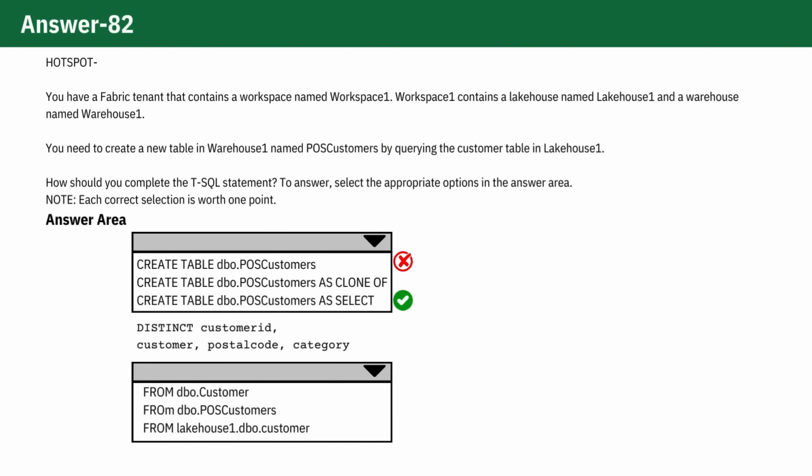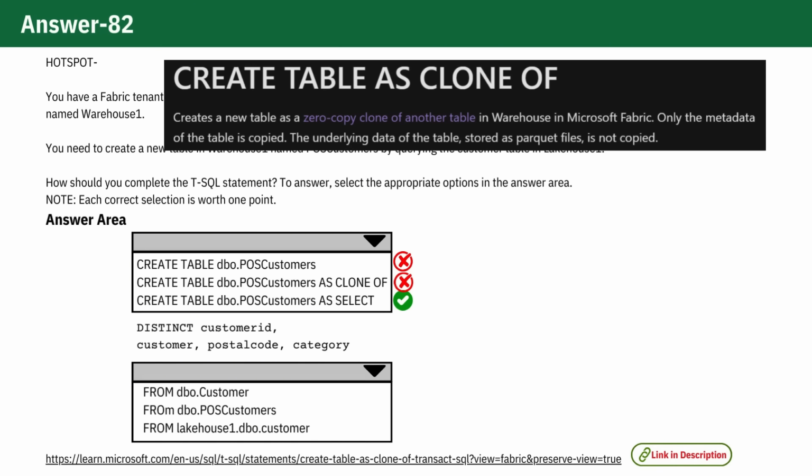Option: CREATE TABLE dbo.POS Customers AS CLONE OF is also incorrect because AS CLONE OF is used to create an exact copy of another table's structure and data. However, it's not appropriate here because the requirement is to create a new table based on a query from another table, Lakehouse1.dbo.customer, not to clone an existing table.